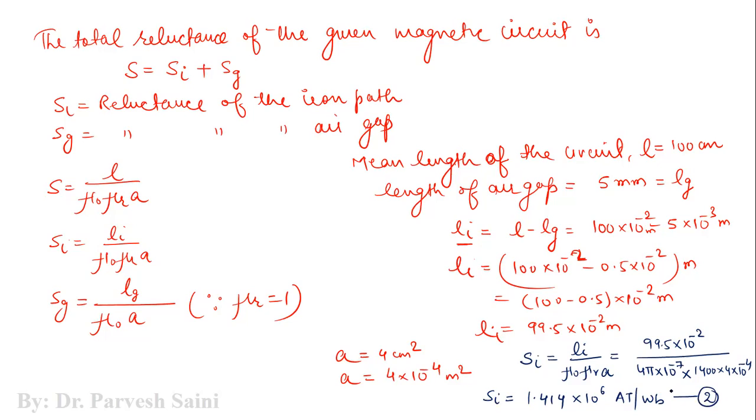So similarly, we can find out the reluctance of the air gap. So Sg will be equal to length of the air gap divided by mu naught, the permeability of air or free space, and A. So length of air gap is 5 mm. So this is 5 into 10 raised to the power minus 3 meter divided by 4 pi into 10 raised to the power minus 7 into A is 4 into 10 raised to the power minus 4 meter square.